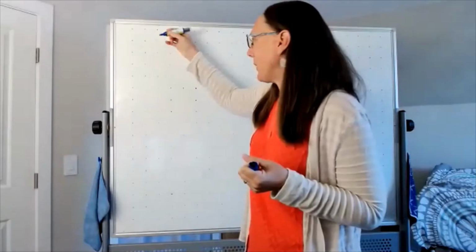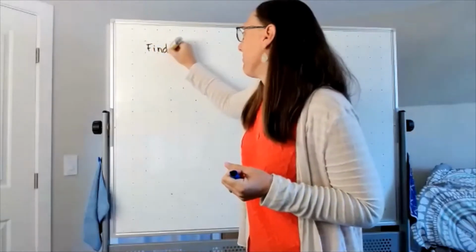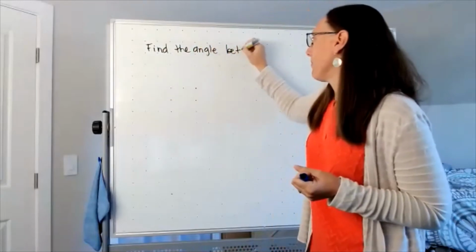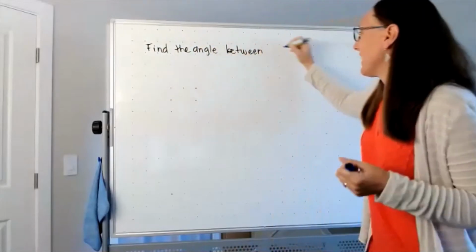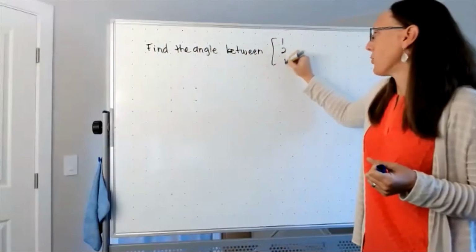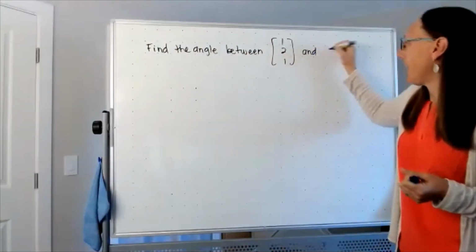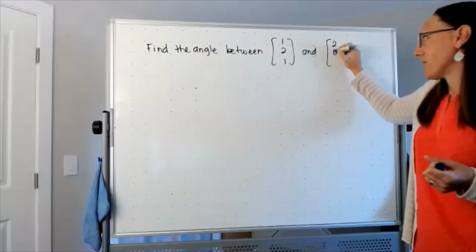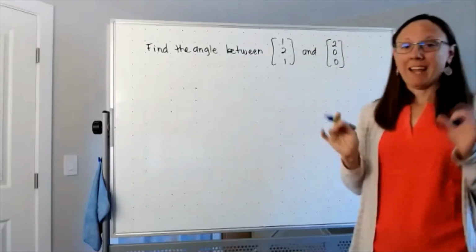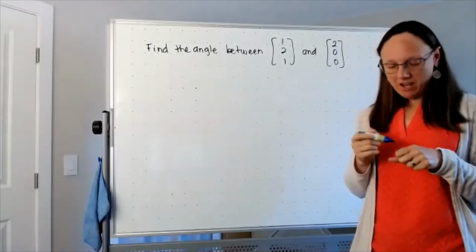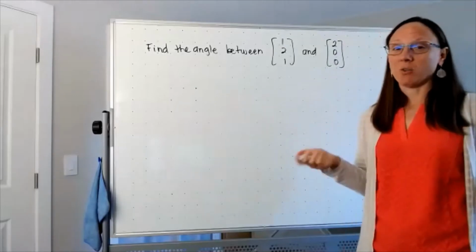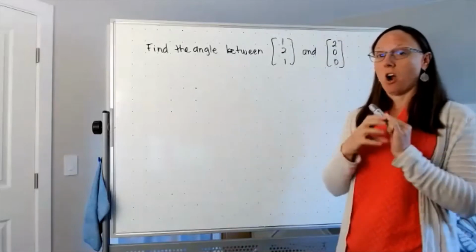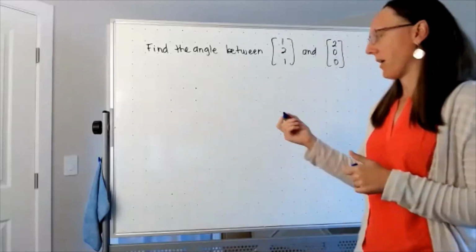The angle between, let's say, the vector 1, 2, 1 and 2, 0, 0. I'm making my life really easy here. If I want to find the angle between these 2 vectors, then this is going back to our primary equation for the dot product.